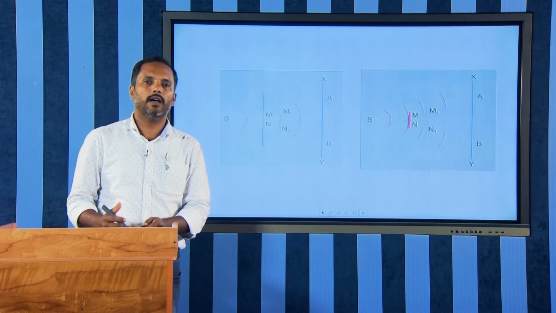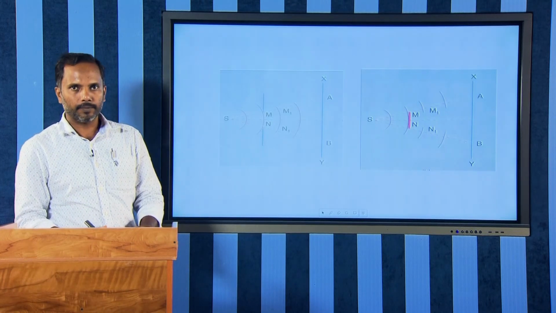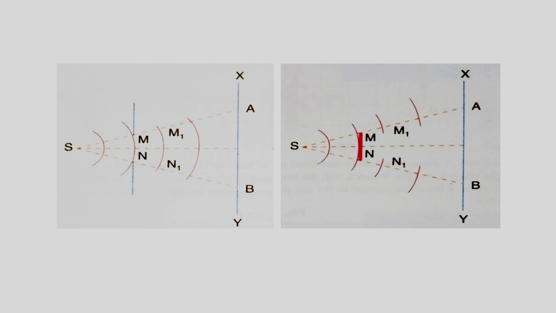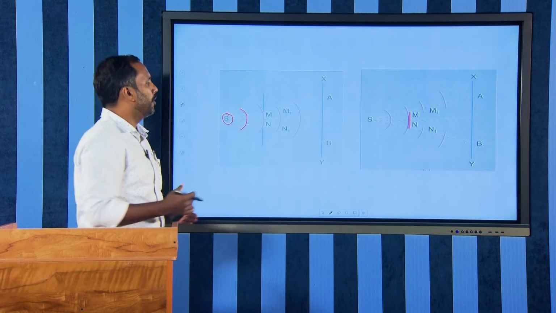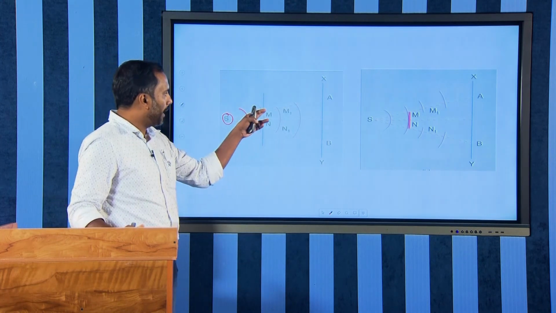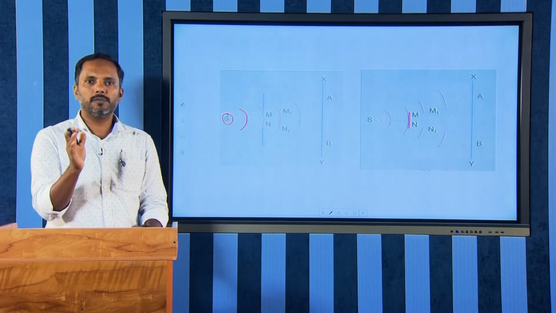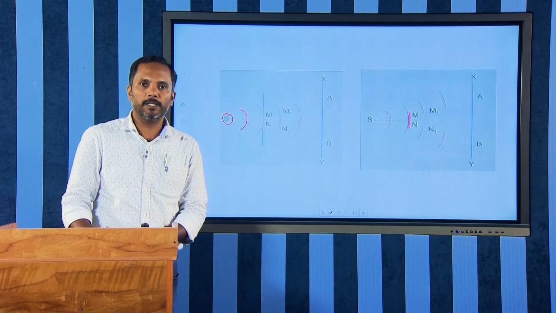See this picture. Here S is the source of light, which sends a cylindrical or spherical wavefront towards a small opening MN. So MN is a small aperture where the diffraction takes place.